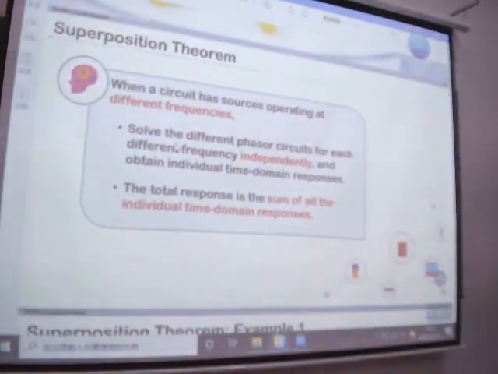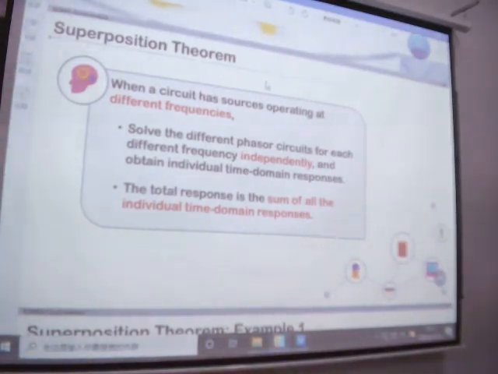For the superposition theorem, we know if a circuit has sources operating at different frequencies, actually it's not a general case, because in the general case, for example, for our power grid, normally we have all the sources at the same angular frequency, okay? But these conditions still exist.